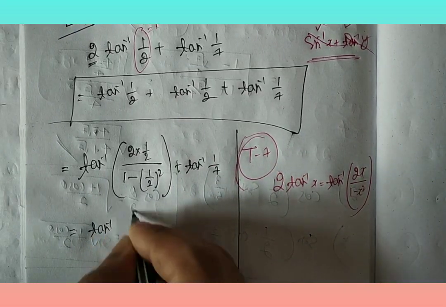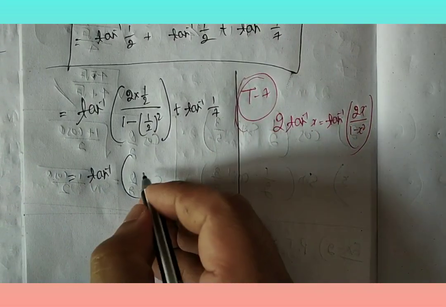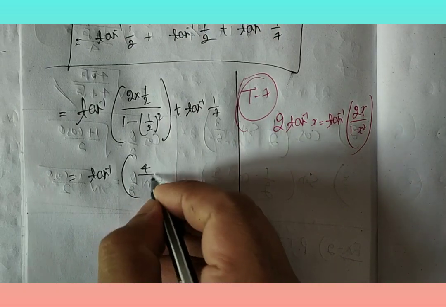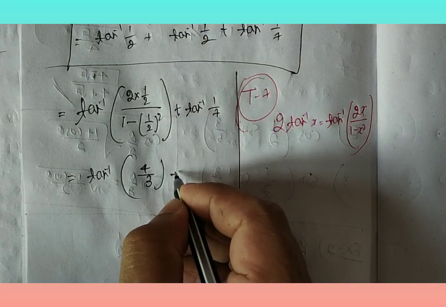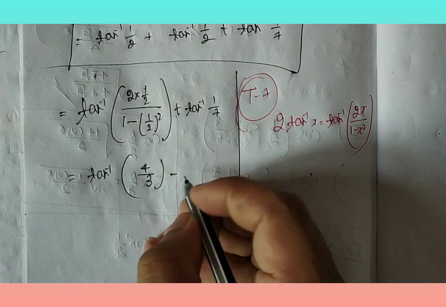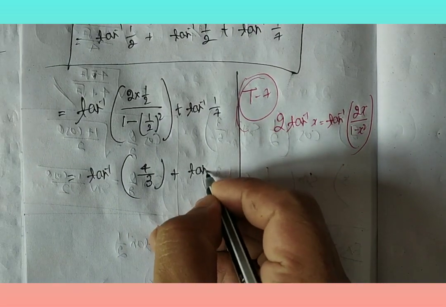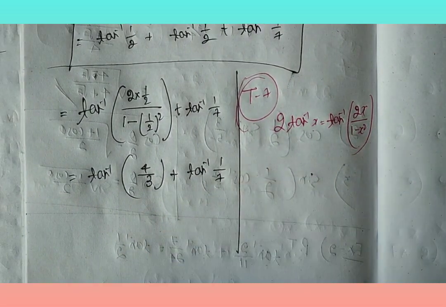Now simplify it. We will get tan inverse 4 by 3 plus tan inverse 1 by 7.